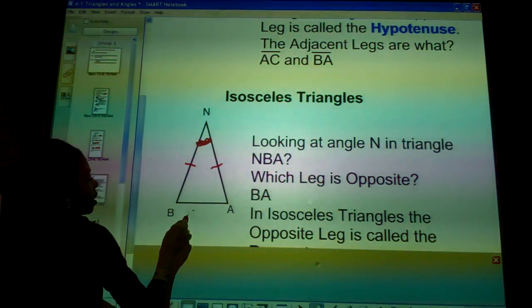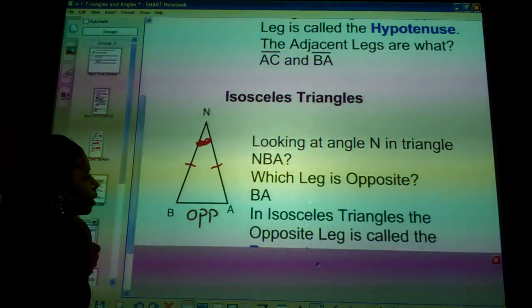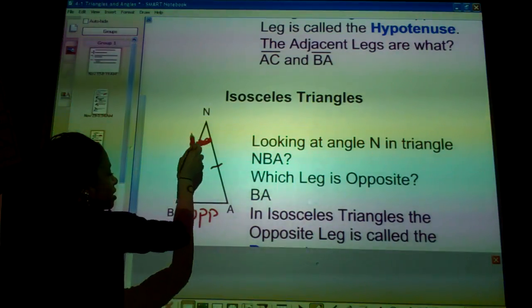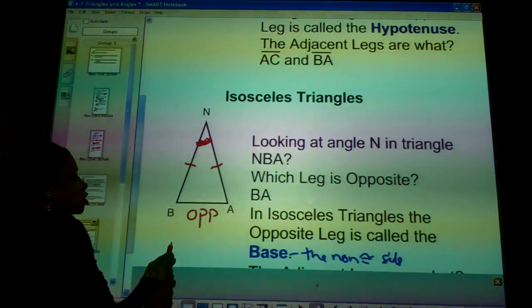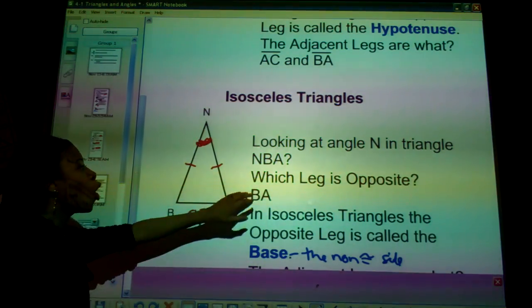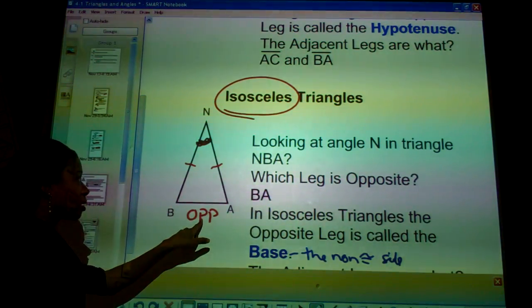That's going to be BA. If I'm talking about angle N. Okay? On an isosceles triangle, the opposite leg is called the base. So I don't call this opposite, only on an isosceles. On any other triangle, this is called opposite.